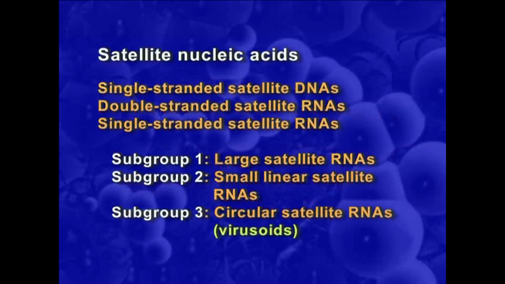Next, we look into the satellite nucleic acids. Satellite nucleic acids can be classified as single-stranded satellite DNAs, double-stranded satellite RNAs, and single-stranded satellite RNAs. Subgroup 1 comprises large satellite RNAs, subgroup 2 contains small linear satellite RNAs, and subgroup 3 contains circular satellite RNAs.